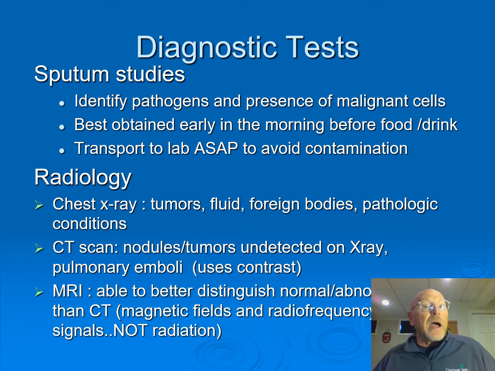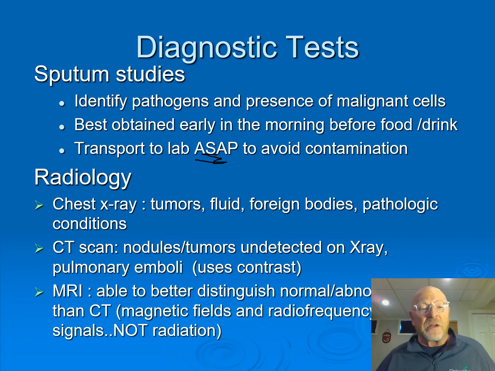So nursing implications: when's the best time for you to obtain a sputum sample on your patient? Early in the morning. Think about that. The patient's been lying down all evening, or at least a little more supine than normal. And then you sit them up, and also before they've had anything to eat or drink. And then transport it to the lab as soon as possible to avoid any contamination.